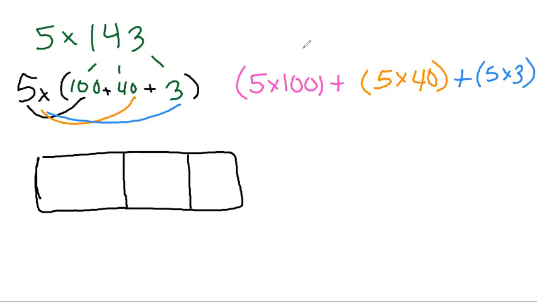So something like this. 5, you're going to write on the side because you're multiplying 5 times each number. And on the top of each box gets one of your numbers. So put 100, 40, and 3.